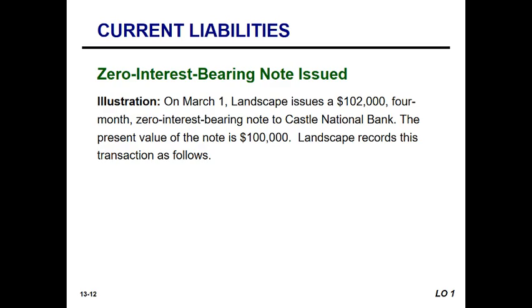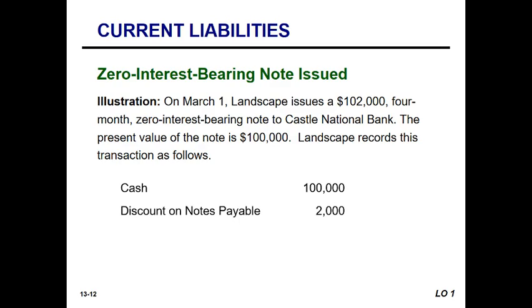So we're using the same amounts, you'll notice. We have Landscape Company, Castle National Bank, they're going to pay $102,000 in 4 months on a note. The present value of the note is $100,000. So they receive $100,000. Landscape Company does. They increase their cash by $100,000.